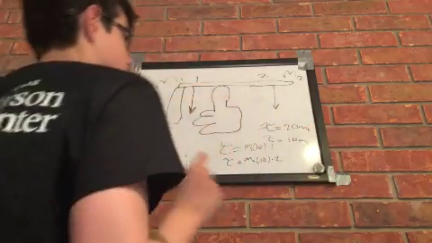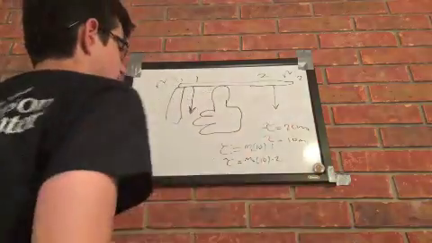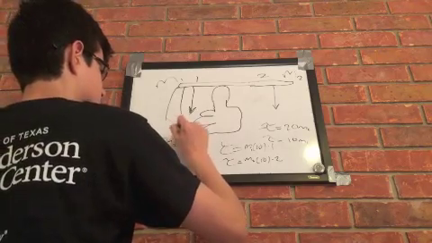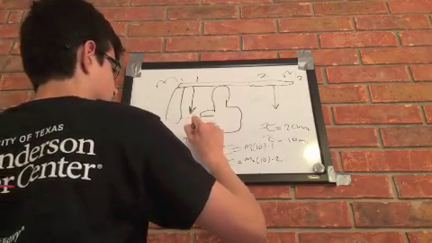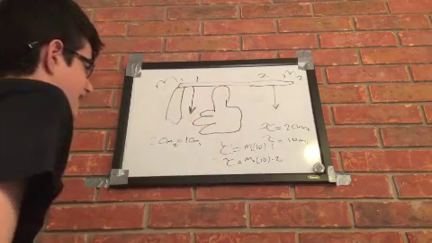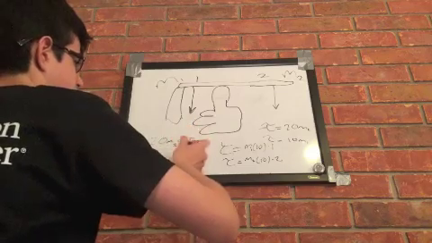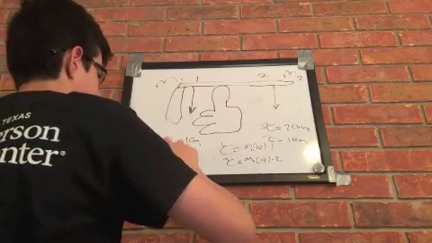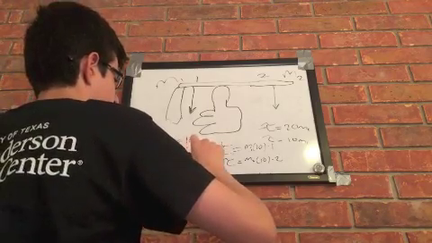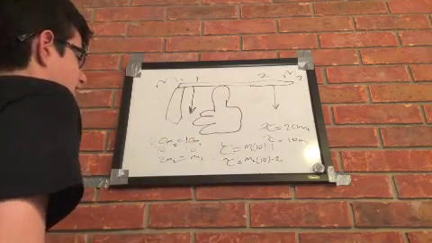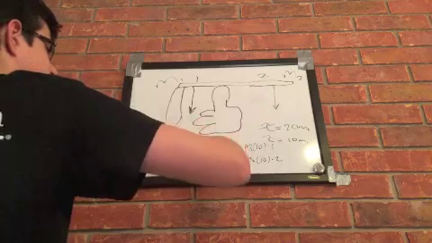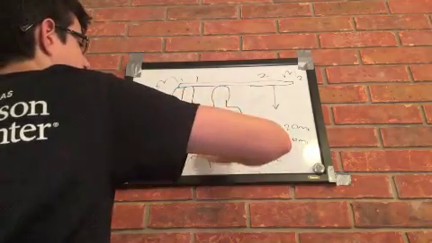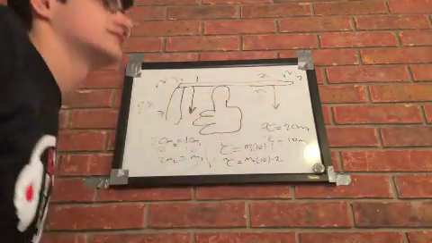So if you set up the torques to be equal, then you have 20 M2 is equal to 10 M1, and you divide, and you got yourself a proportion. So we got 2 M2 is M1, which means that the mass of this axe part is twice the mass of the handle part.